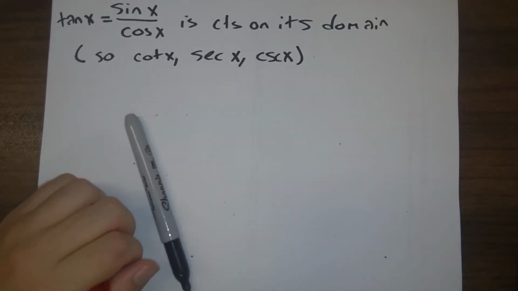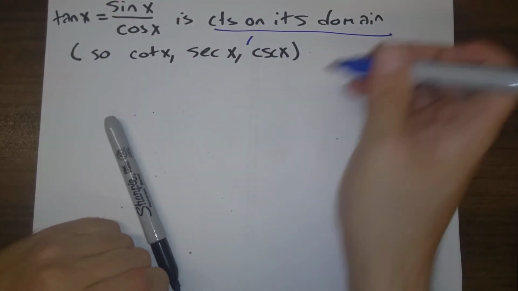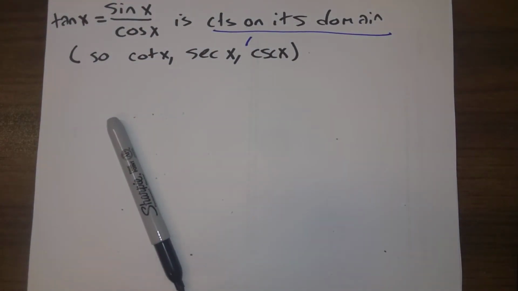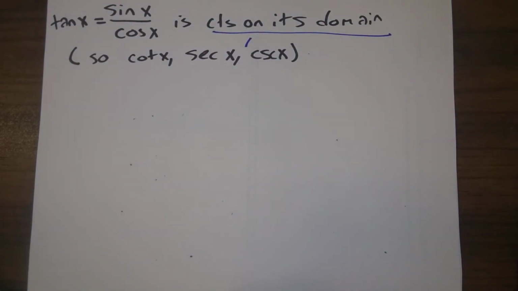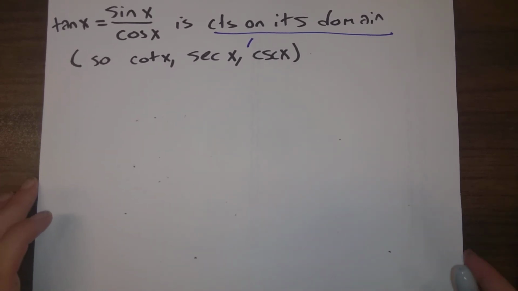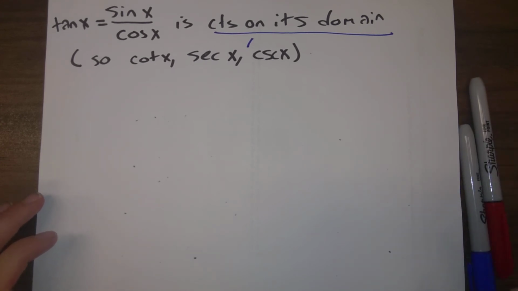Those are all continuous on their domain. Cotangent x is just cosine over sine, secant x is 1 over cosine. So we can use the previous laws to argue that these must all be continuous. So that shows that there are lots of functions that we can conclude are continuous very quickly without much work.